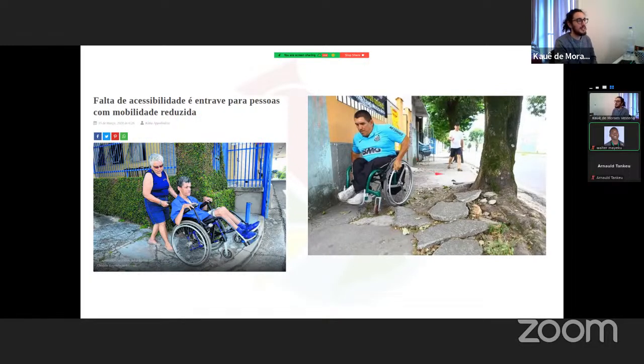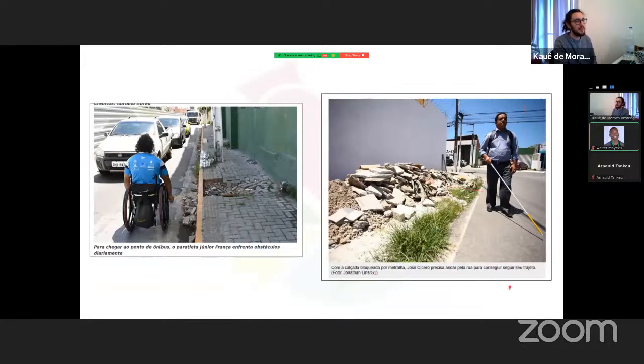They face these kinds of issues every single day. Or for example, they have to endanger themselves, they put themselves in jeopardy because of bad sidewalks. And this is even for high level athletes, for example.